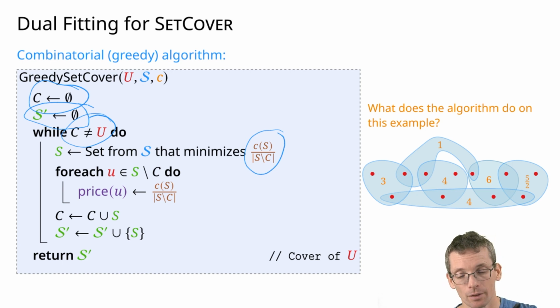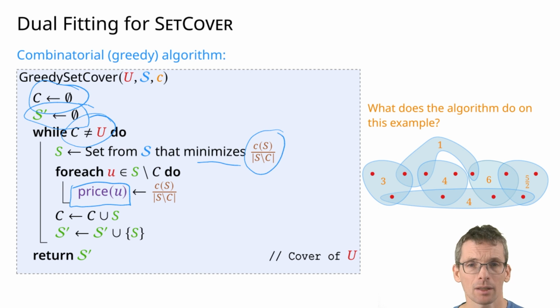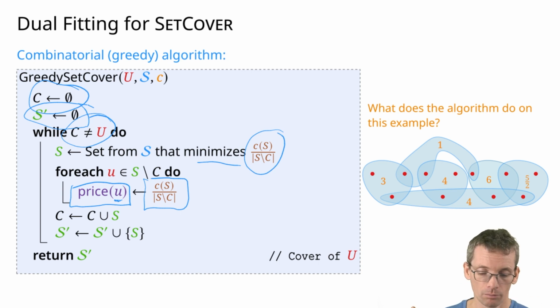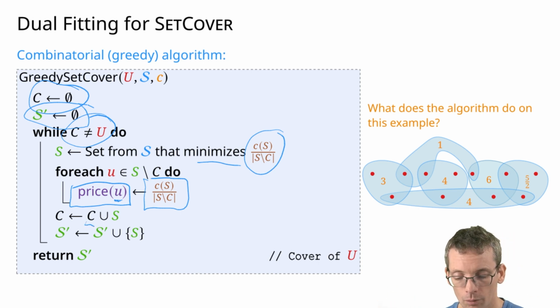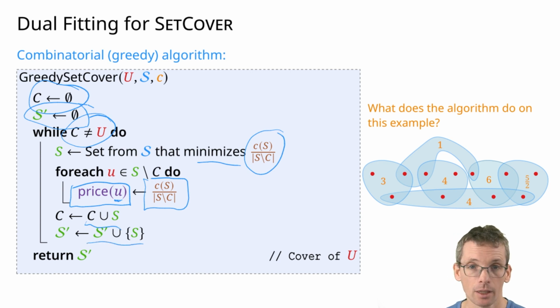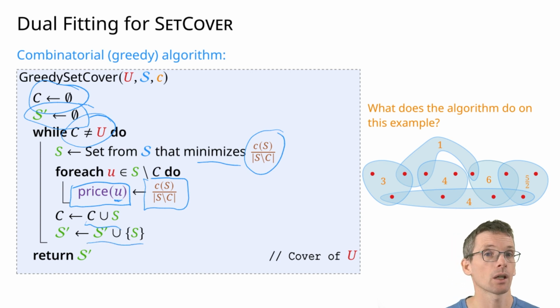And the set that minimizes this is the set that I'm going to add to my set cover. At the same time, I'm going to assign prices, and this will make sense in a moment why we explicitly do so. Assign a price to each of the elements that I now newly cover, namely this relative cost of that set. That will be my price. And then all of those elements are now covered. I add the set to my set cover and I continue until all elements are covered.